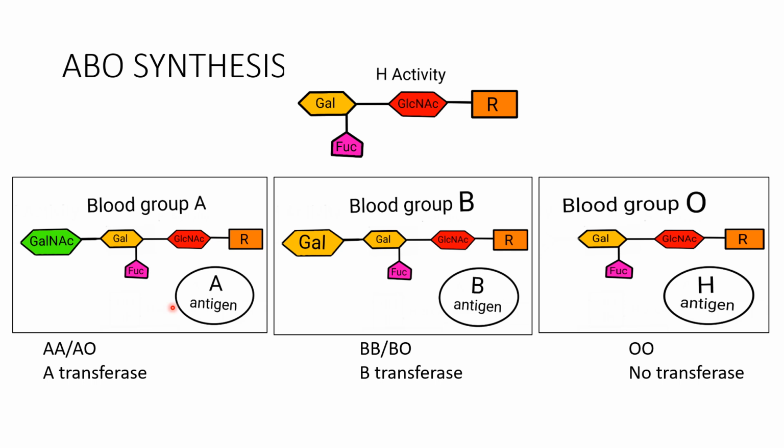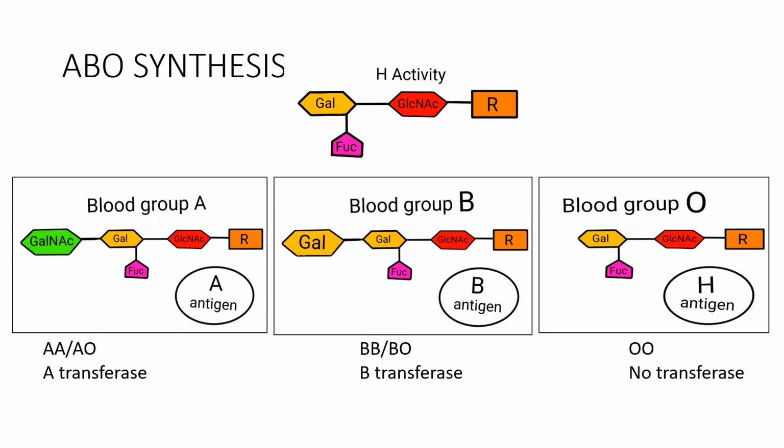So this is an A group, but it will only act if H antigen is already formed. If there is no H antigen, even if you have A transferase, it is not going to add this terminal N-acetyl galactosamine. Similarly, in B antigen, you have a B transferase. So what it does is on this H antigen, it will add a galactose sugar. But it will add that galactose sugar only and only if you have an H antigen present.